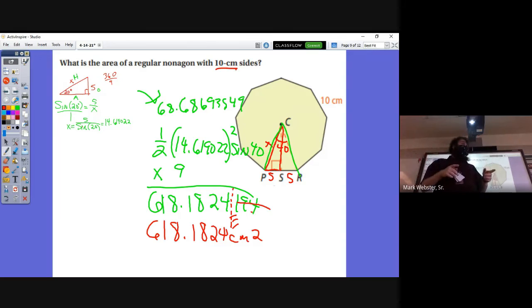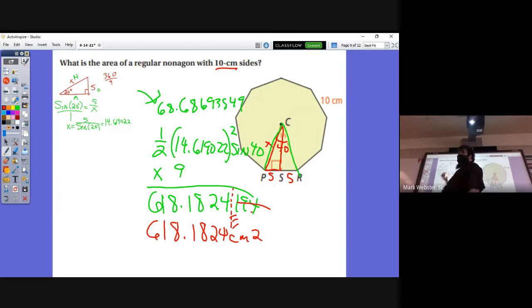If you don't have the radius, you need to find it. The way we find it is using trigonometry. We find this little half of a pizza slice here in the big figure, pull it out, label all the sides so you can figure out what the radius is.